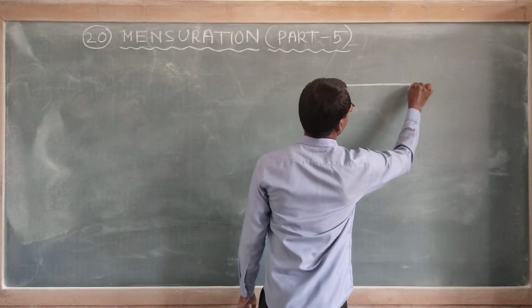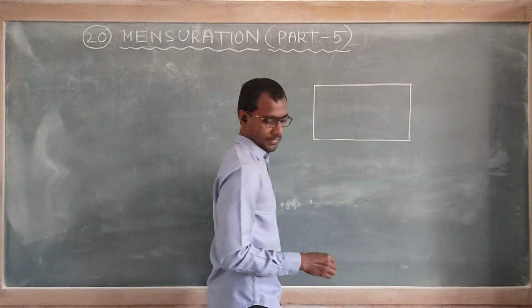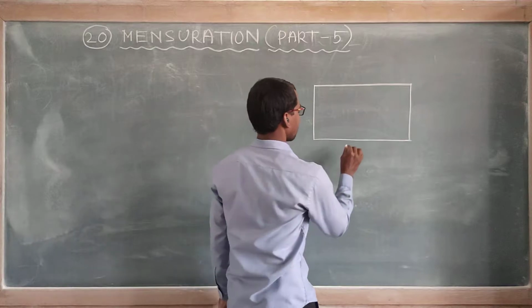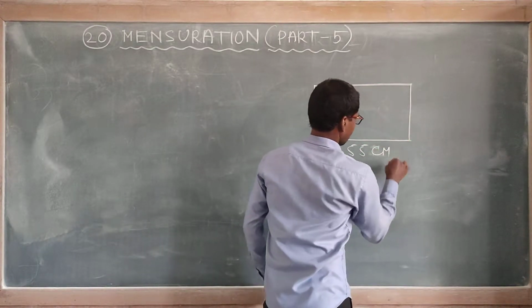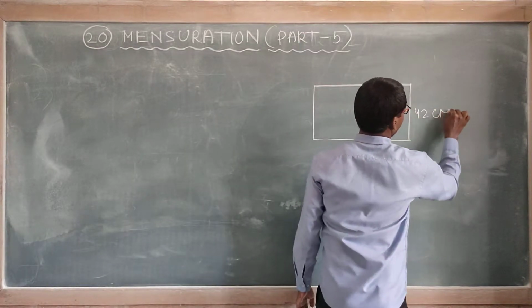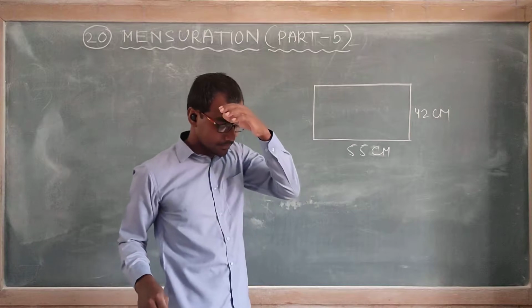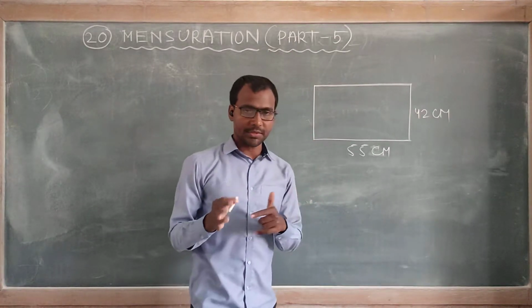Suppose this is a rectangular cardboard. Dimensions are 55 cm and 42 cm. We have to cut a circle out of this cardboard of largest area.